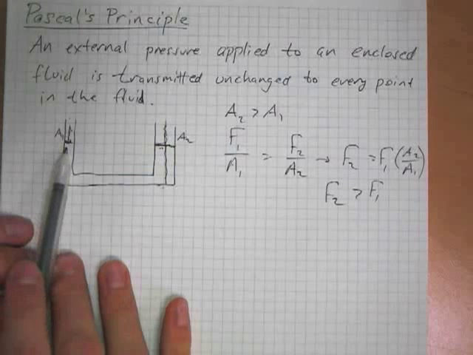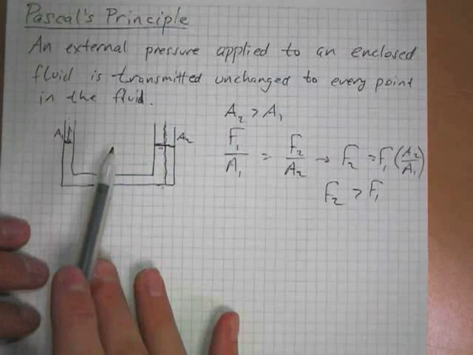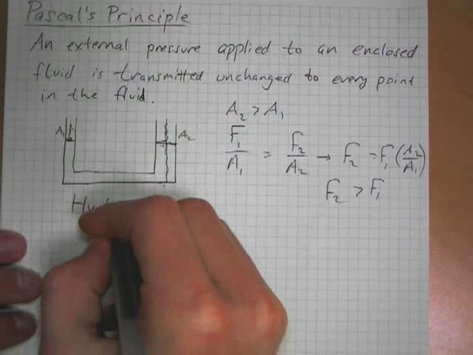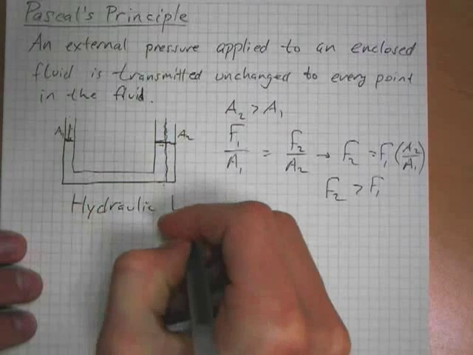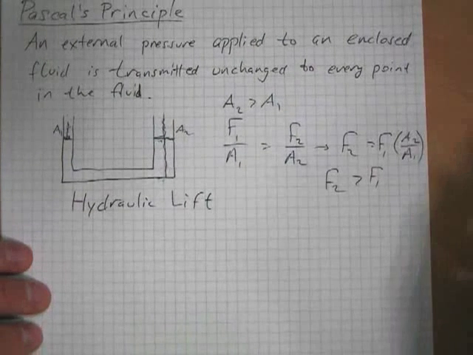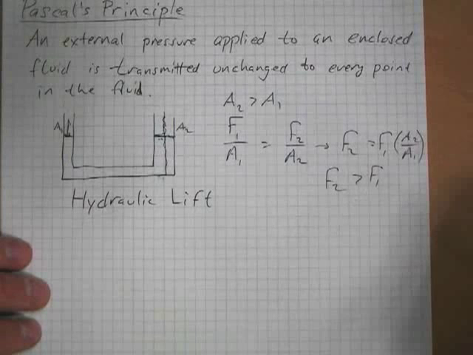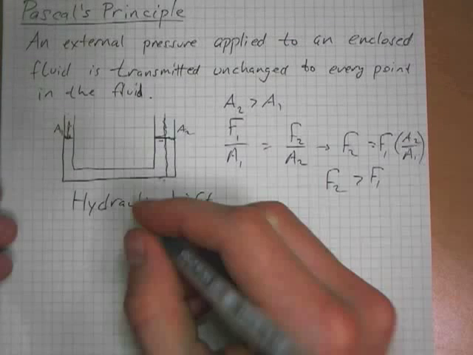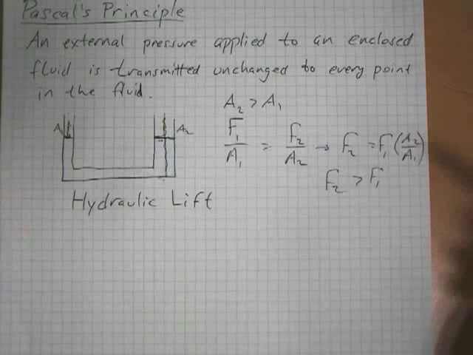And this is the principle behind what's called a hydraulic lift, which you may not have heard the term, but if you have a car jack that'll lift up your car so you can work on the bottom of it, that's what they have in the mechanic shop. This is the principle that they actually use.